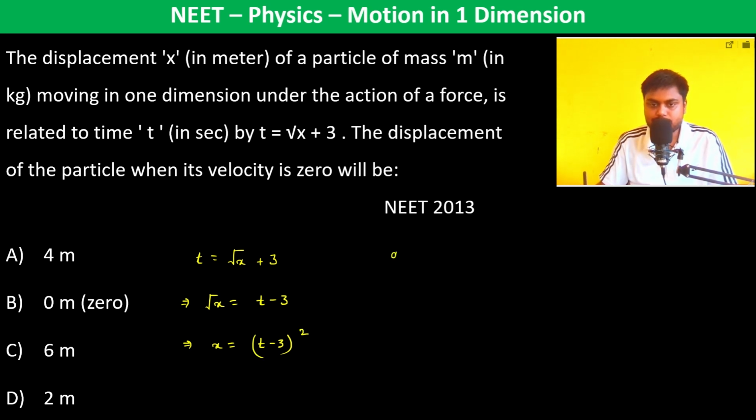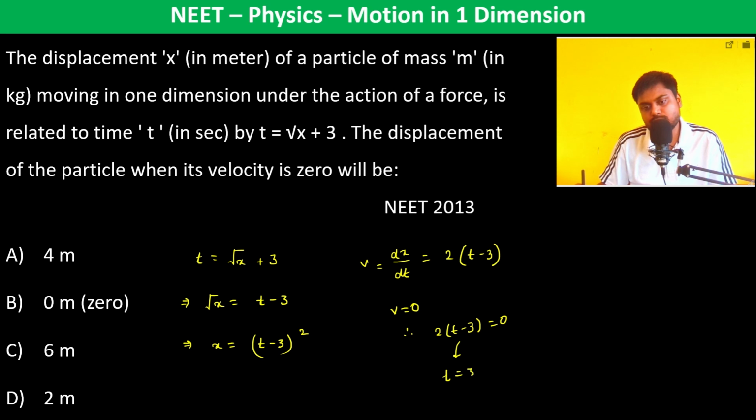Velocity is 0, so dx by dt is 2 into t minus 3. So this is the velocity. When velocity is 0, 2 into t minus 3 is equal to 0, so t is equal to 3 seconds.